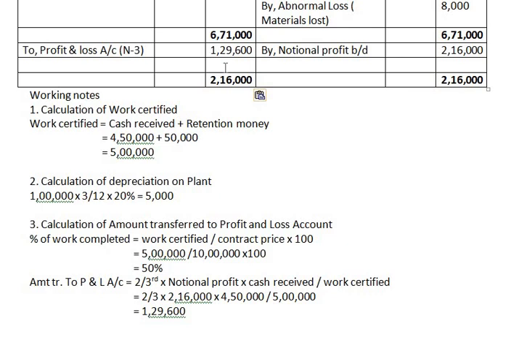Balance is 86,400. So this will be transferred to reserves. In bracket you can write as balancing figure.